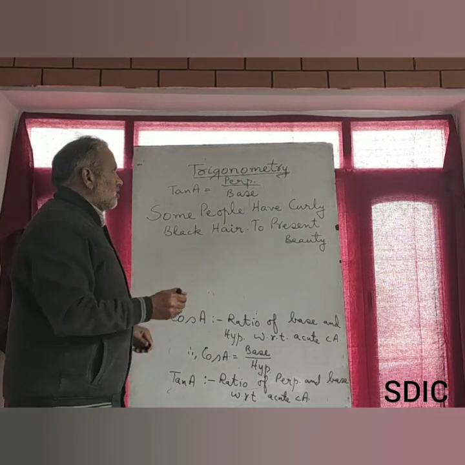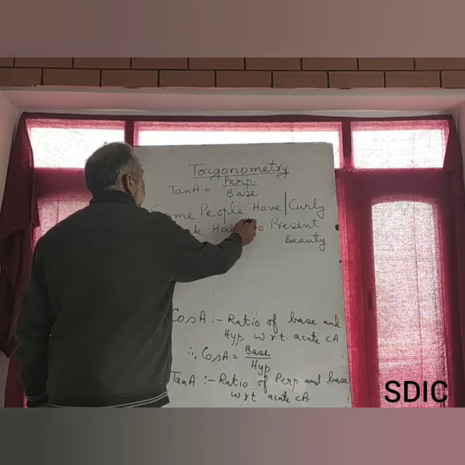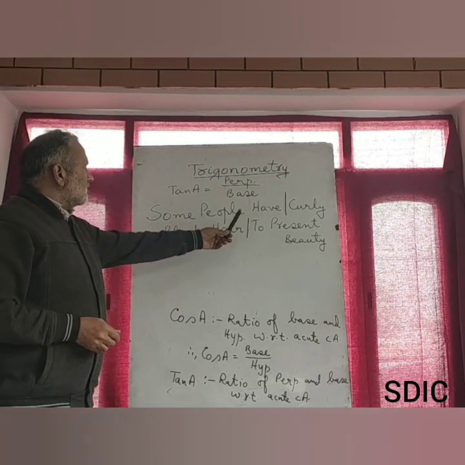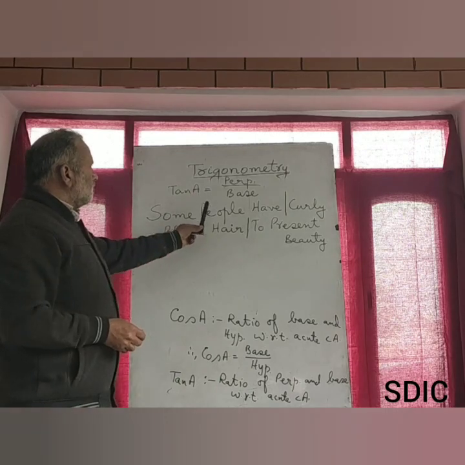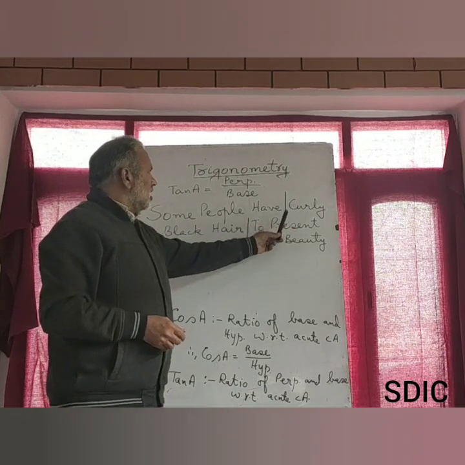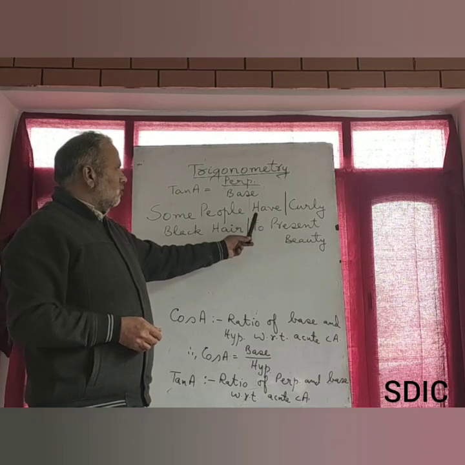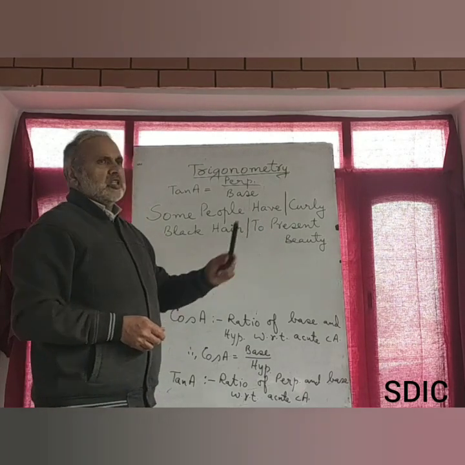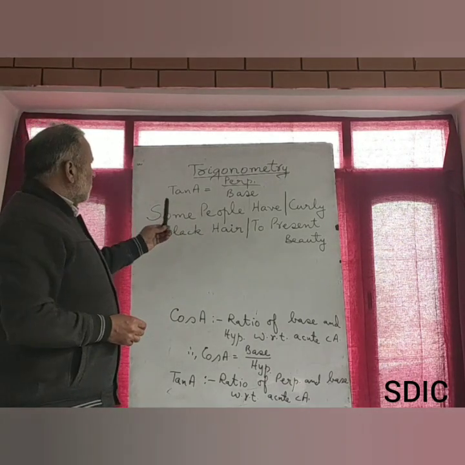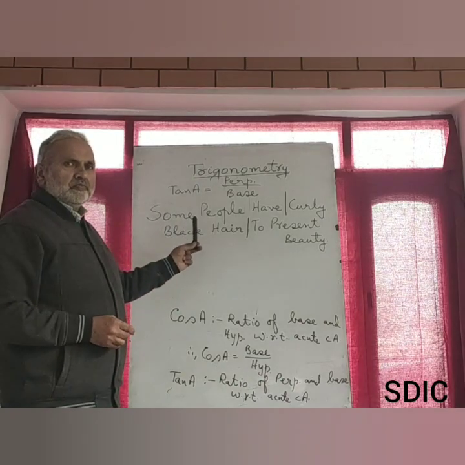This statement is divided into 3 parts, each part consisting of 3 words. You can see the first part consists of the 3 words some people have. The second part consists of 3 words curly, black and hair. The third part consists of 3 words to present beauty. In each group, the first alphabet of the first word represents a trigonometric ratio.